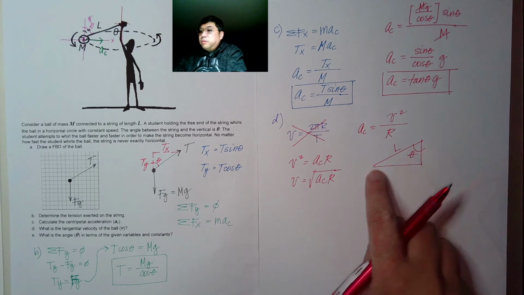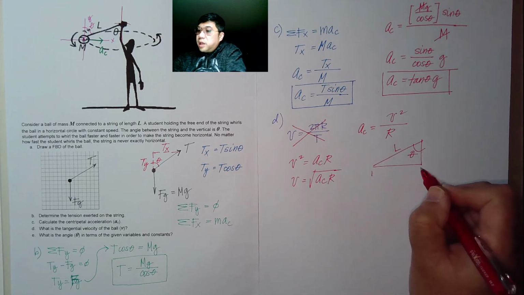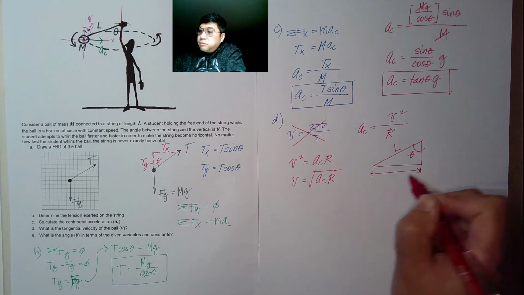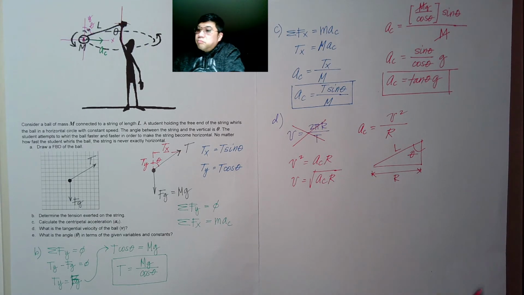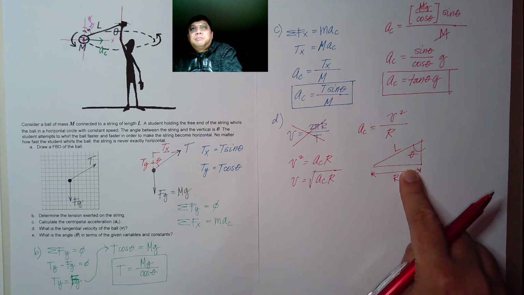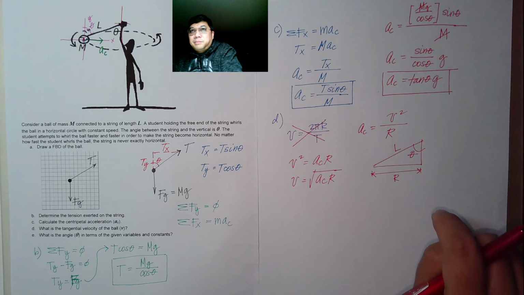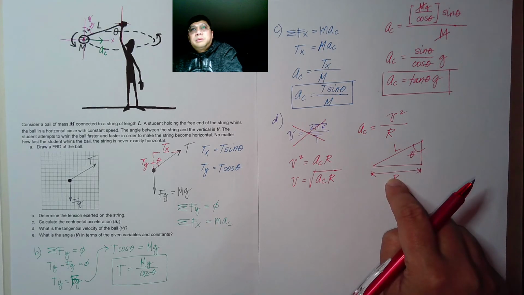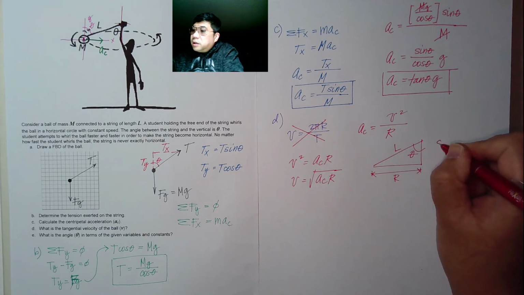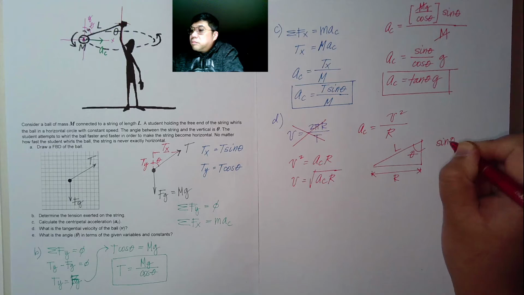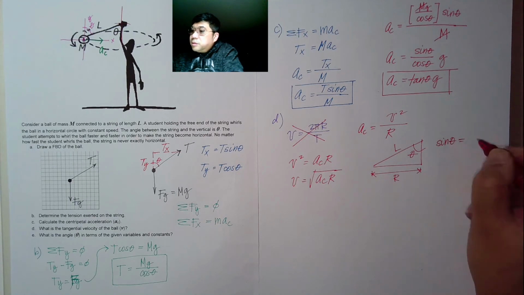So if I want to figure out the r, which is this x component right here, r is simply, what is that function? So that is opposite over hypotenuse, which is sine theta, opposite, which is r, over the length.